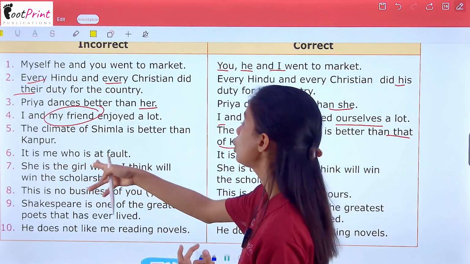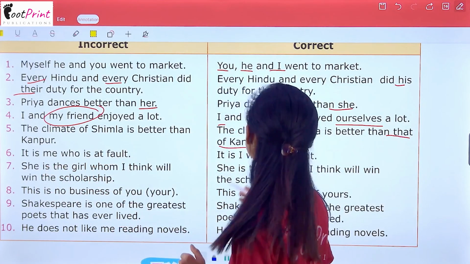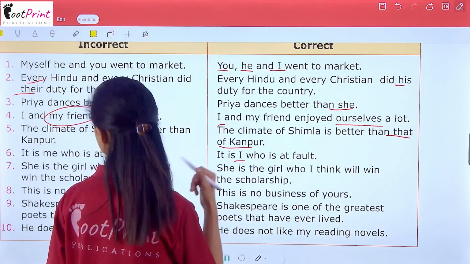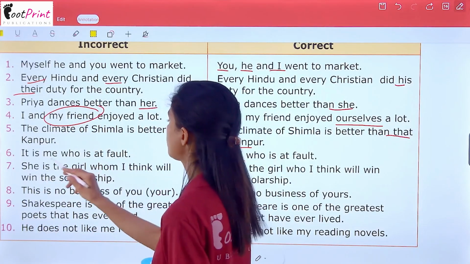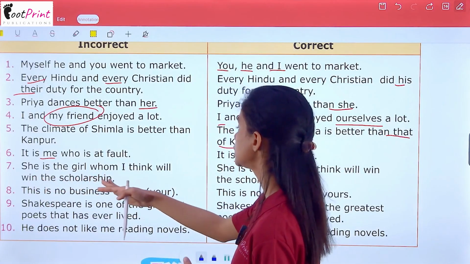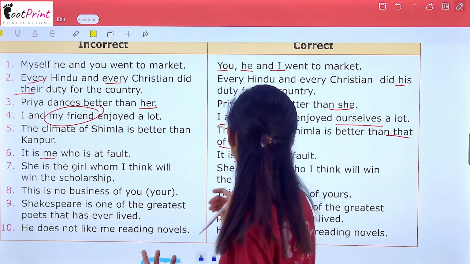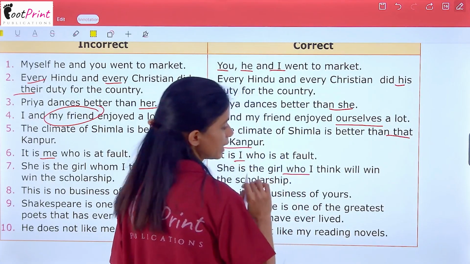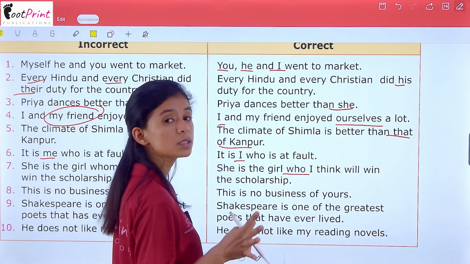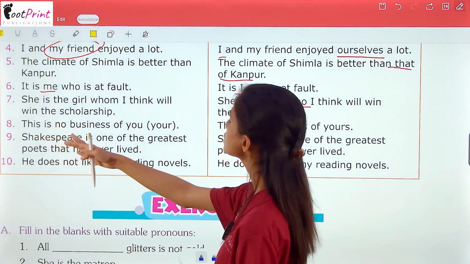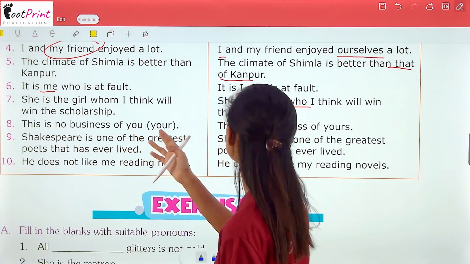It is me who is at fault. No, it is I who is at fault. Now we have here, she is the girl whom I think will win the scholarship. She is the girl who I think will win the scholarship. Alright? Now, this is no business of you.